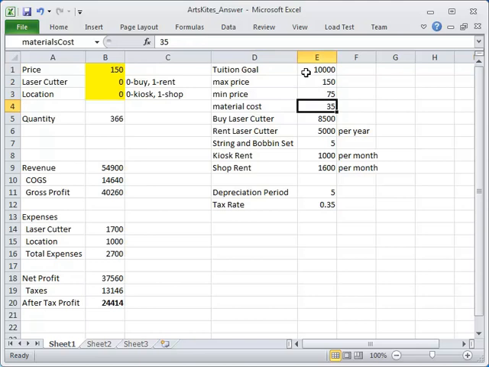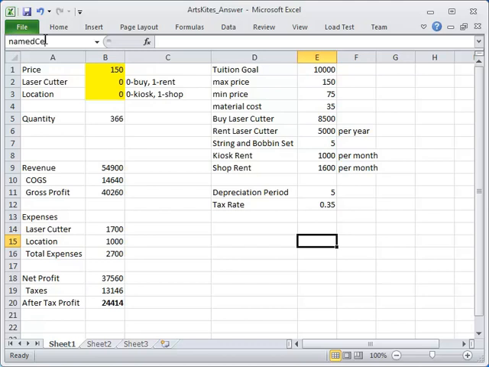Now, if you've been paying attention, you'll notice that each one of these cells, instead of just being E1, is also named, for example tuition goal. So I have tuition goal, max price, min price, materials costs, buy laser cutter, and so on. The way that you name a cell is you click on the cell, and then you select this box here where it gives you the coordinates and you give it a name.